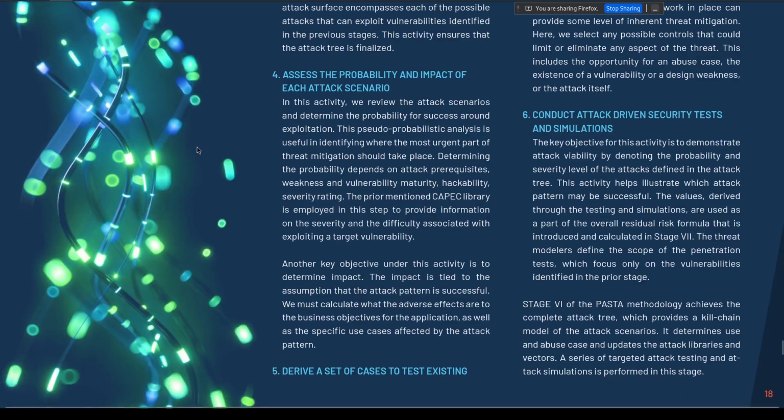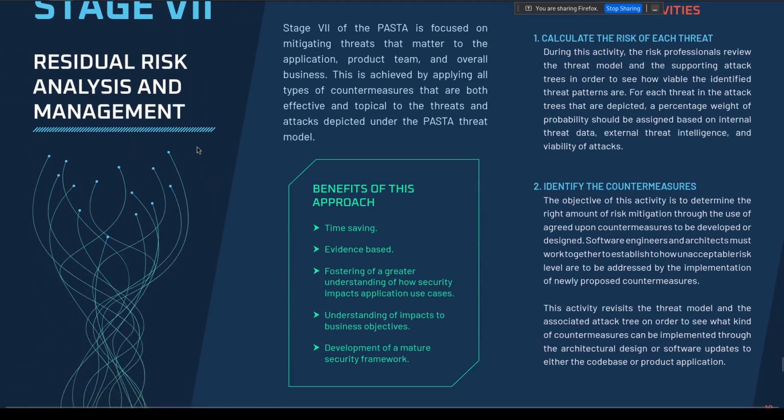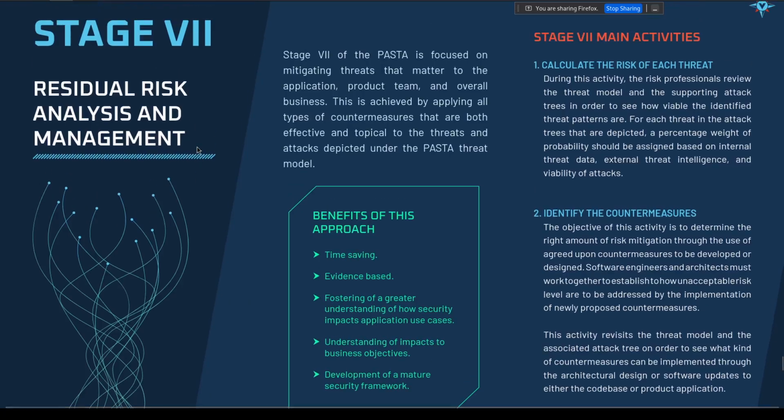Let's move to the last stage, which is residual risk analysis and management. This is the risk, as I mentioned earlier, PASTA is a risk-centric approach. Here we will be doing the risk analysis and risk management in this specific activity. So in the previous stage, we calculated the probability and the impact, right?